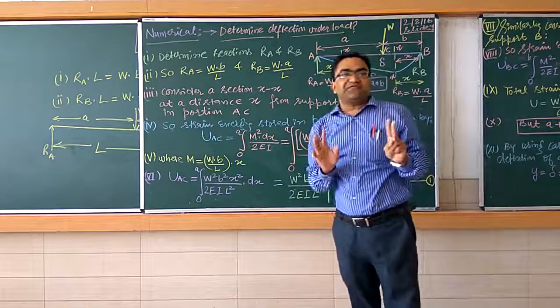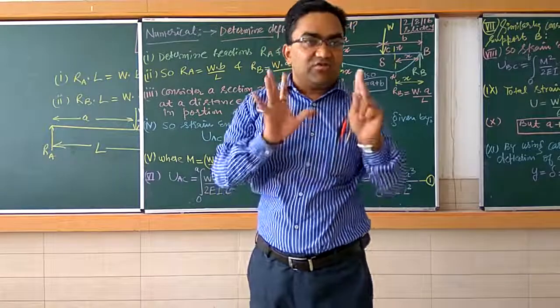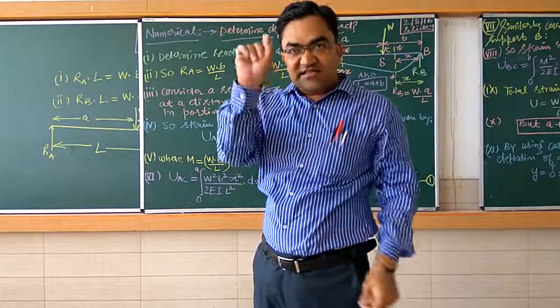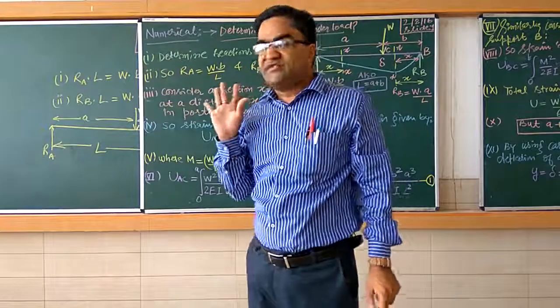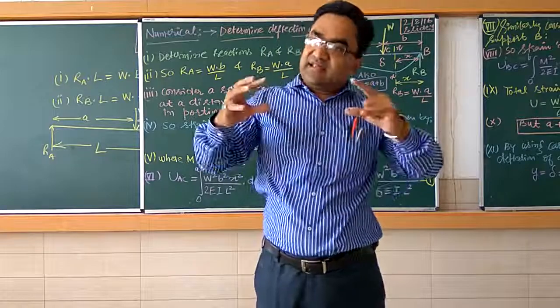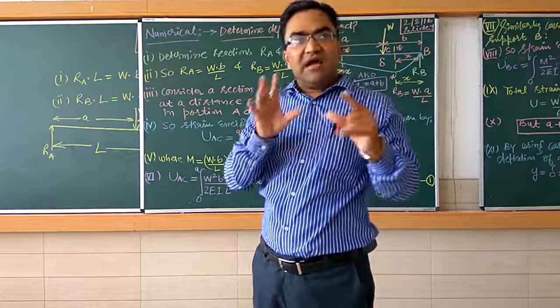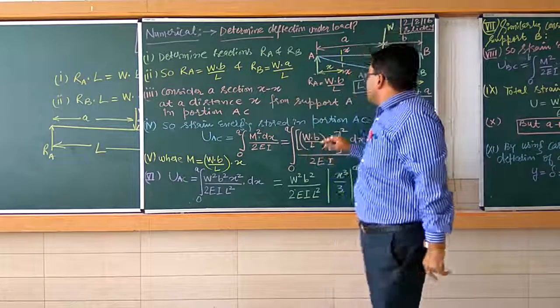So two types of strain energies have been generated in the beam: the strain energy in section AC and the strain energy in section BC. We will calculate these two energies separately and then add them, and we can calculate the strain energy for the complete beam.